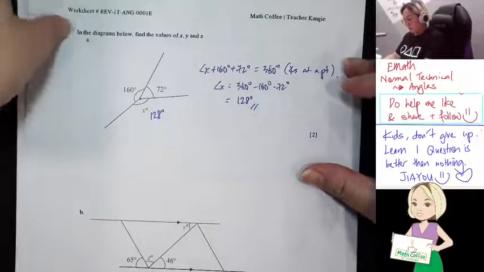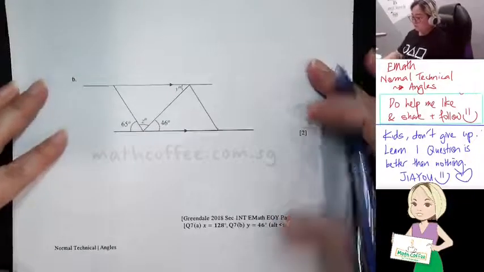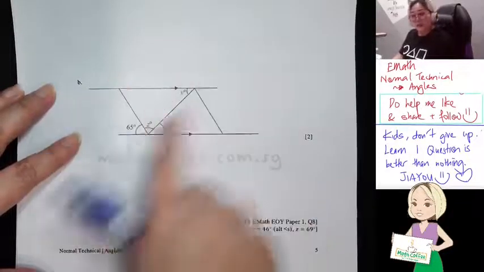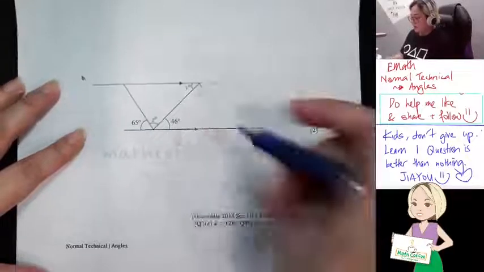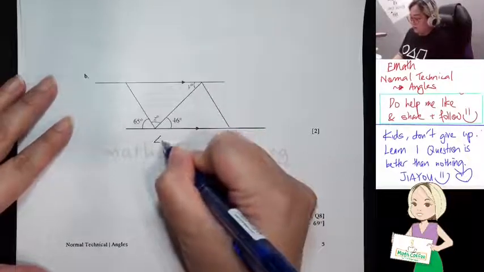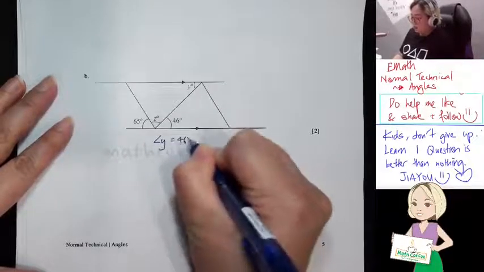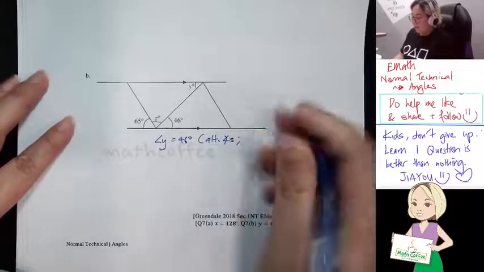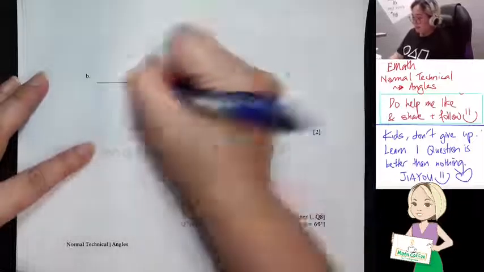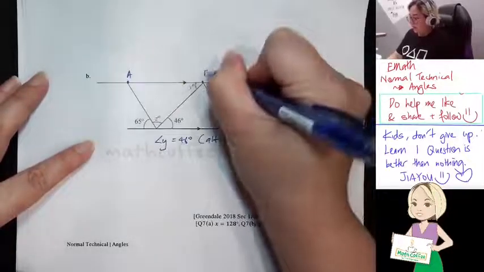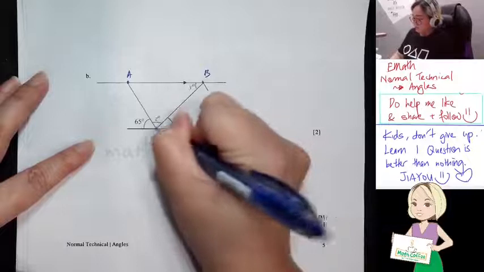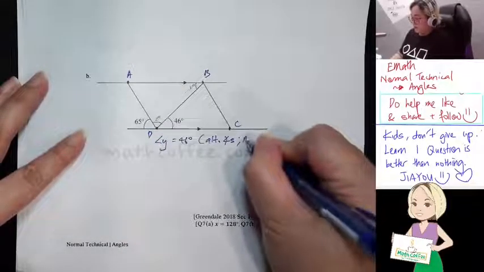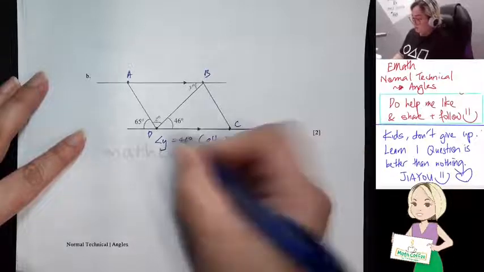Okay, next. We need to find Y and Z. I can straight away find Y because, by now, you should know alternate angles already. So I will go a little bit faster. Angle Y is equal to 46 degrees because this is alternate angle to Z. For the parallel lines, again I can put in the alphabet A, B, C, D. AB is parallel with DC.